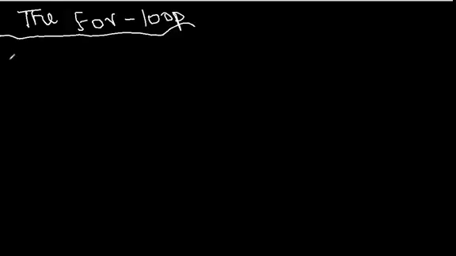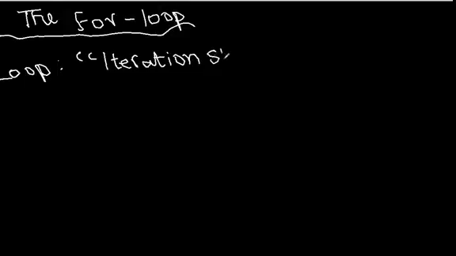But before I go into that, I want to explain to you what is a loop. A loop, the technical term given to it, is an iteration statement. Now the word iteration may confuse a lot of people who maybe aren't strong with the English language.